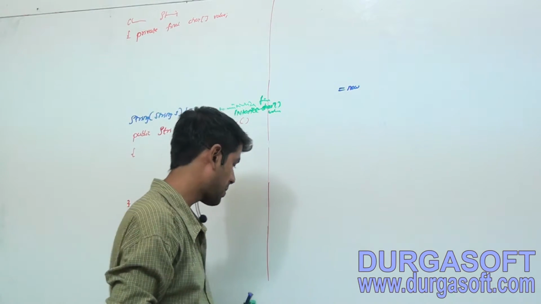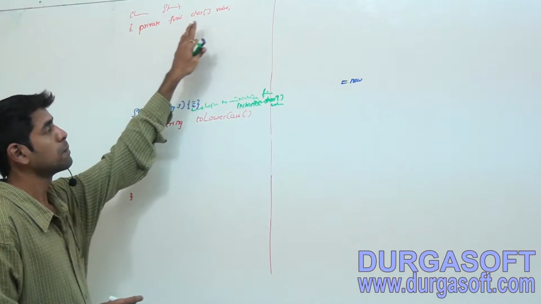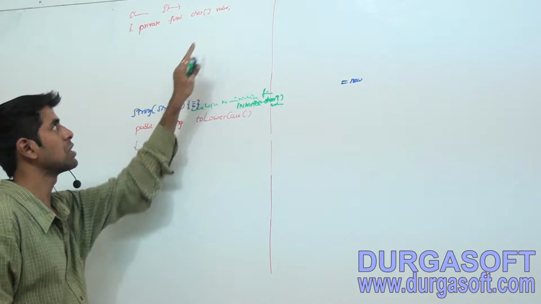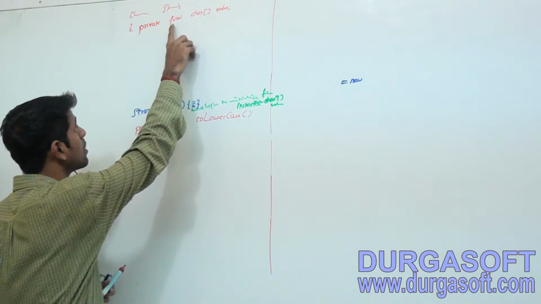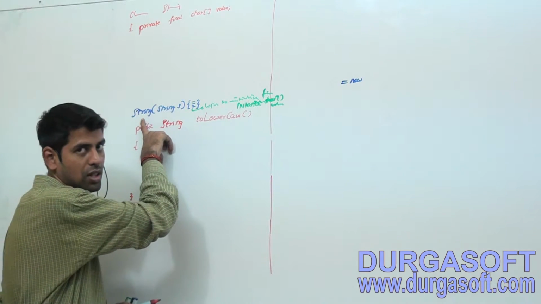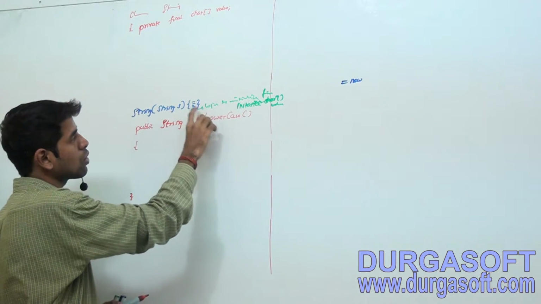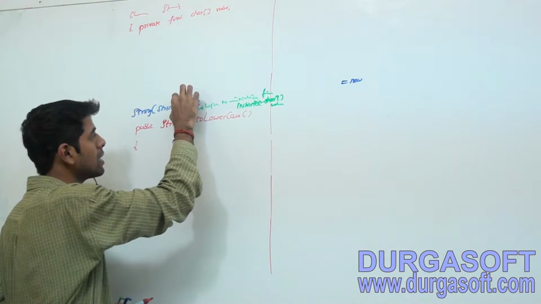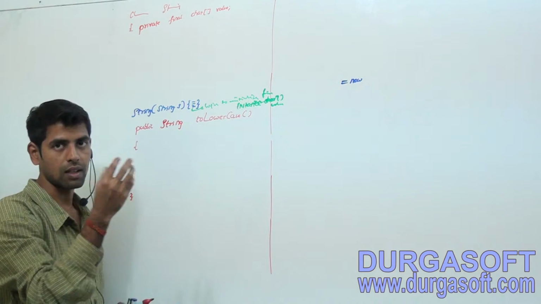Now observe this part. This is a final instance variable of character array type available within our String class, and this String class constructor having argument as String has logic to initialize what? The char array value with this string content data, or else with this string object data.